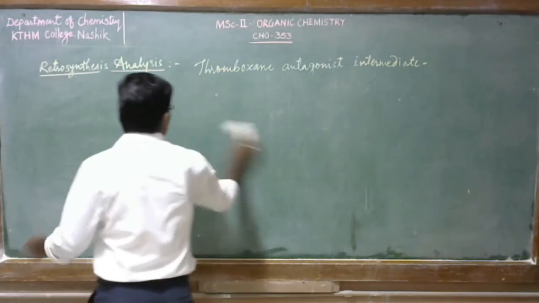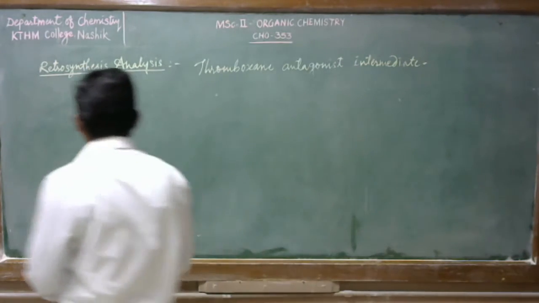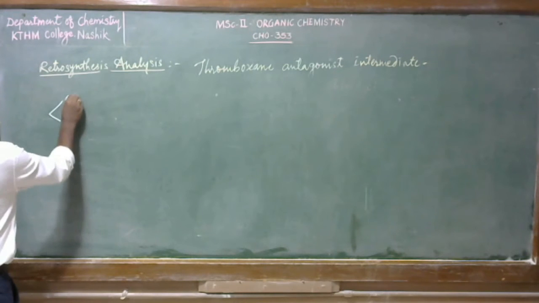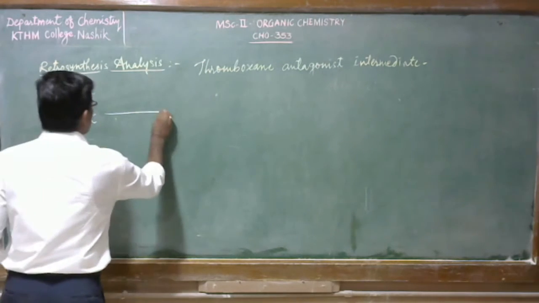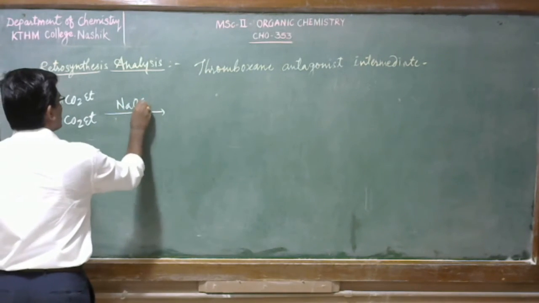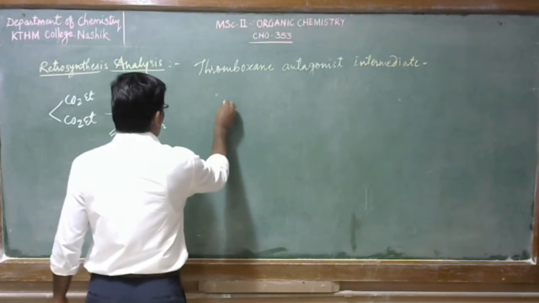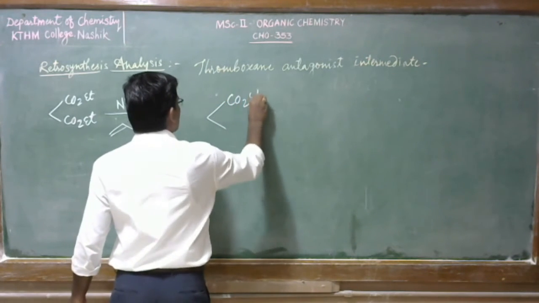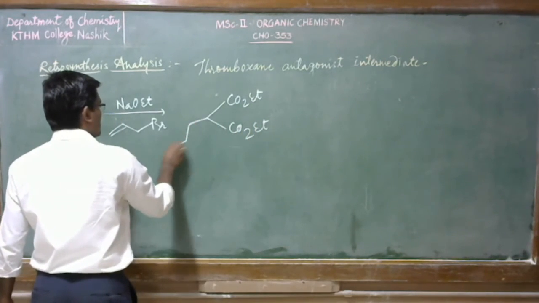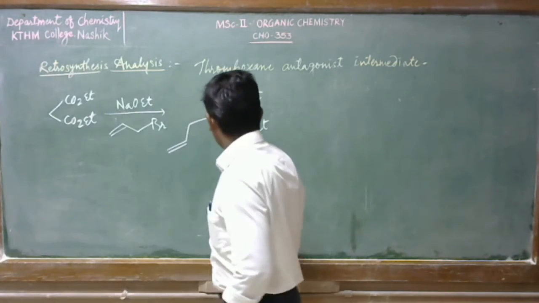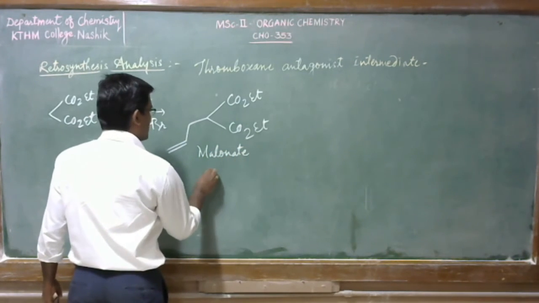When you treat with sodium methoxide followed by this allyl bromide, we will get this allyl malonate derivative.